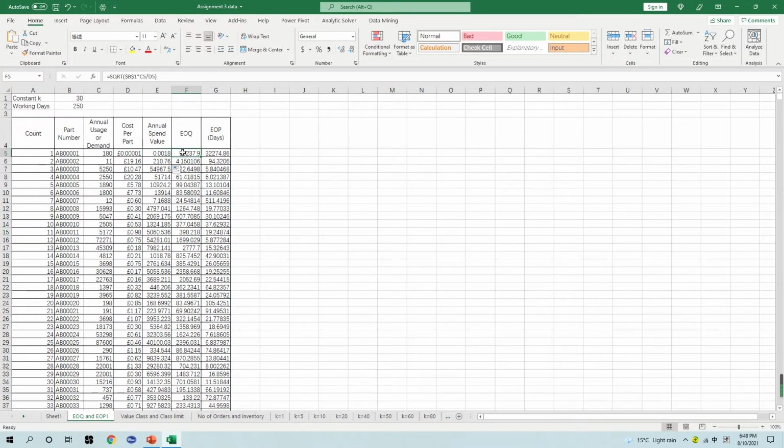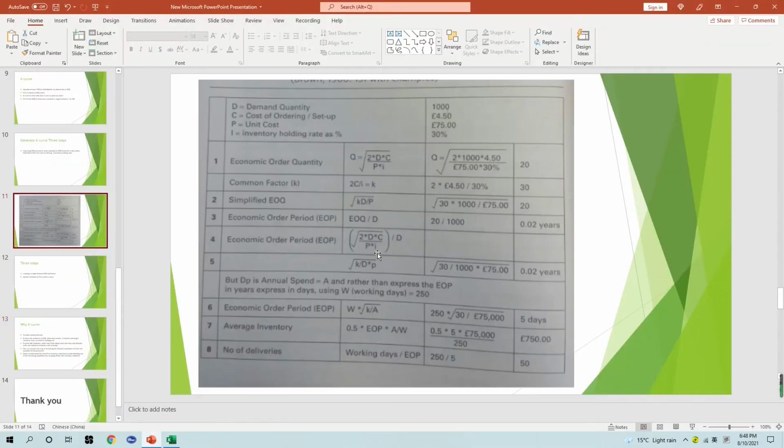And then we have this EOQ, as it's shown in this PowerPoint slide. It shows the simplified EOQ formula: square root of K times demand quantity divided by unit cost.